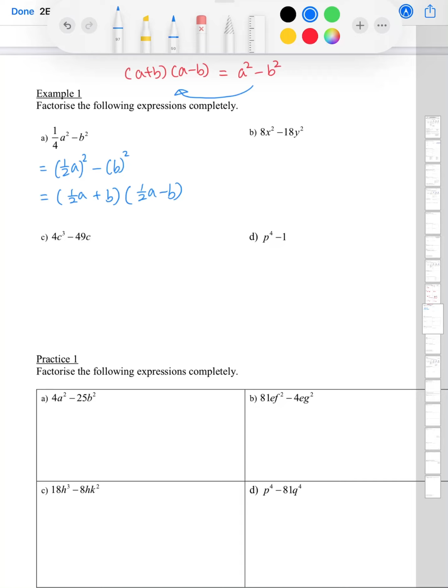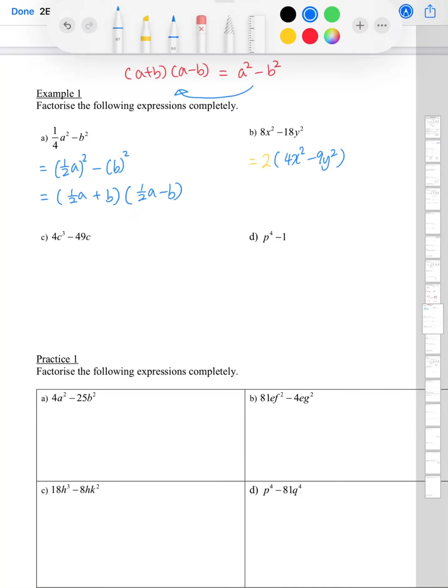Okay, so then take a look at the second one. 8x squared minus 18y squared. Like we mentioned in the previous video, 8 and 18 are not perfect squares. But this expression contains a common factor of 2. So when I factorize out the common factor of 2, I have 4x squared minus 9y squared, and this is a difference of two squares.